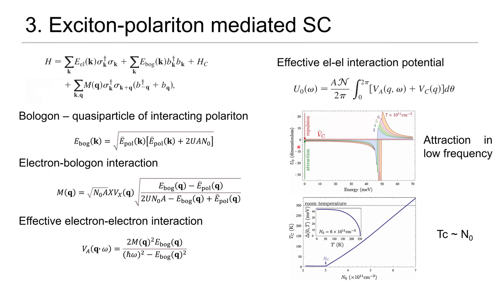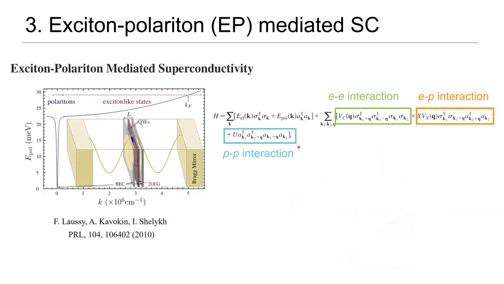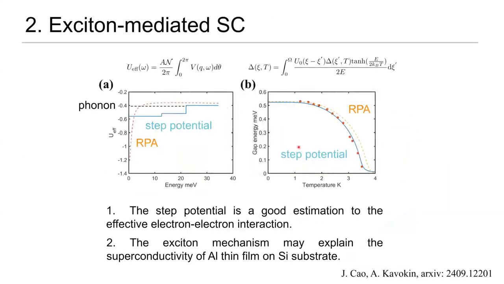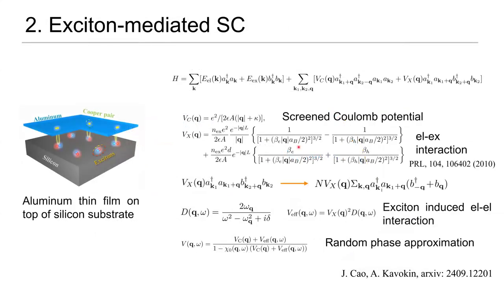May I ask about the experimental configuration with excitons? You have such a complicated system, and you suppose that there are excitons in this silicon layer.